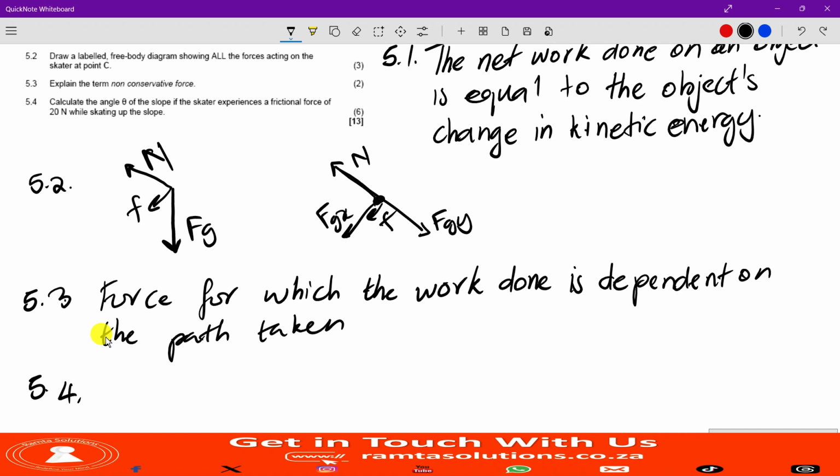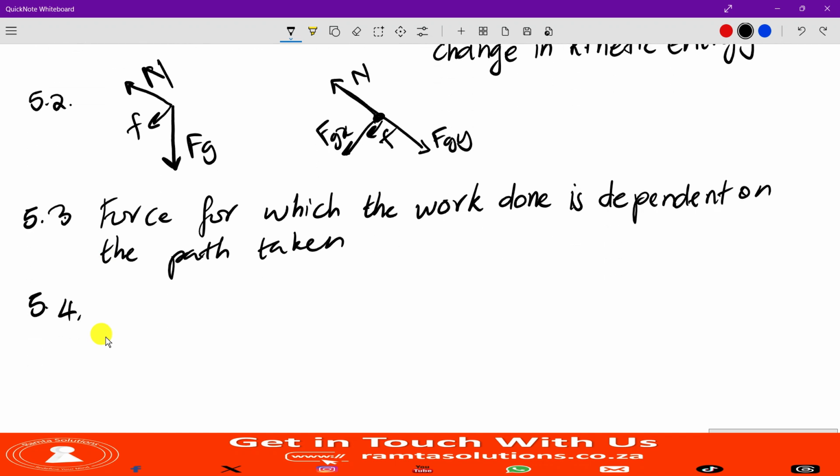So for 5.4, we have a free body diagram, as you can see. Now, I would prefer that we use work done by a non-conservative force. That formula, especially when they say you have friction, will always work wonders for you. It is equal to change in potential energy plus change in kinetic energy.